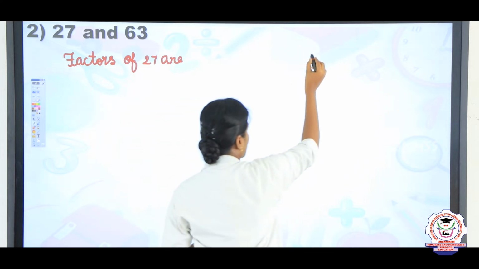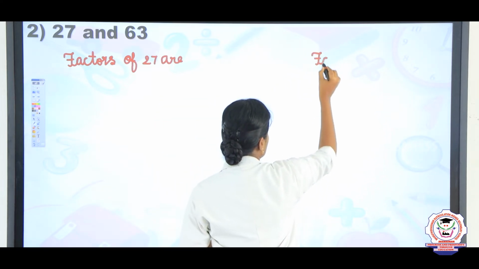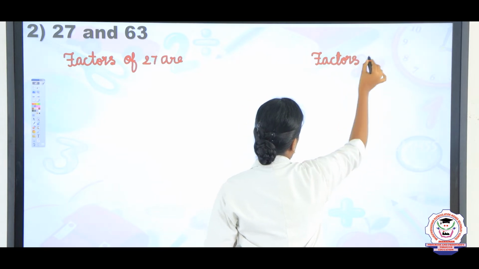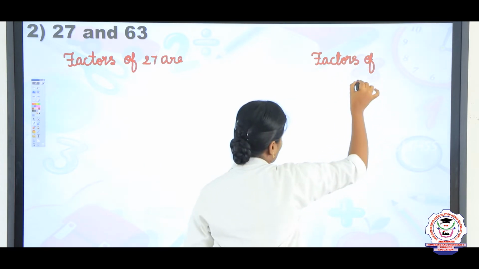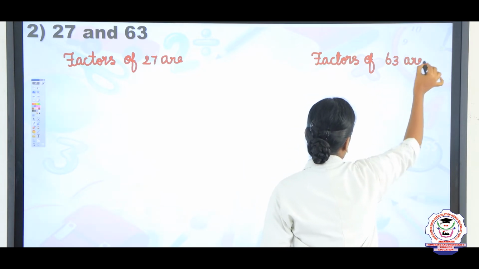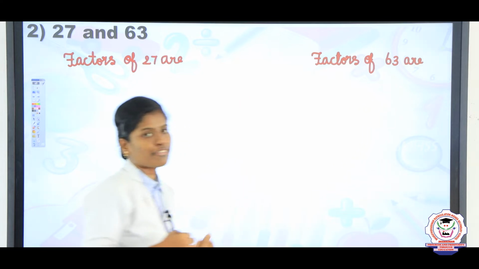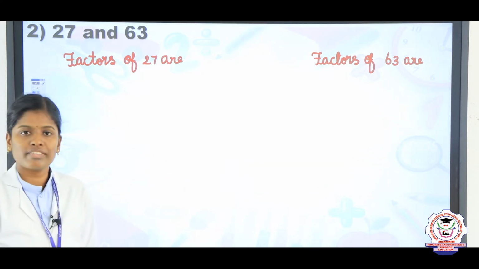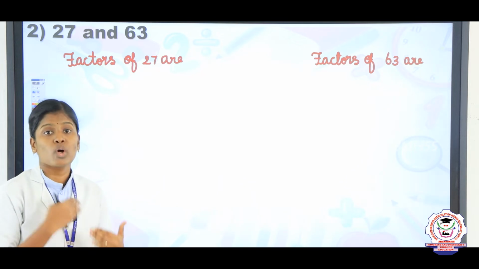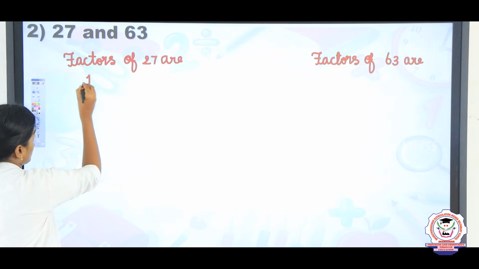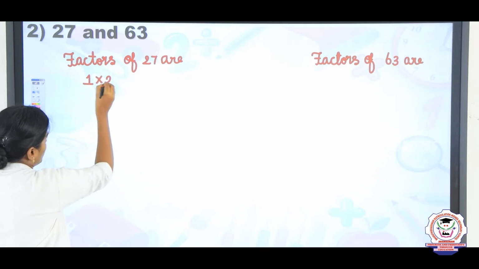Write here the factors of 63 are. First, for the factors of 27, we are going to check the 1 table. 1 table of 27, yes, how many times? 1 27 is 27. So write the answer, 1 27 is 27.